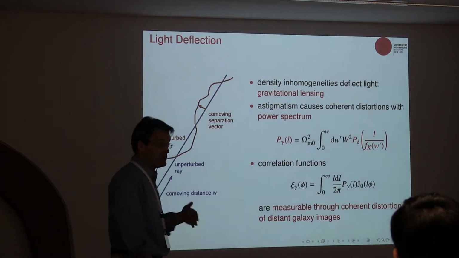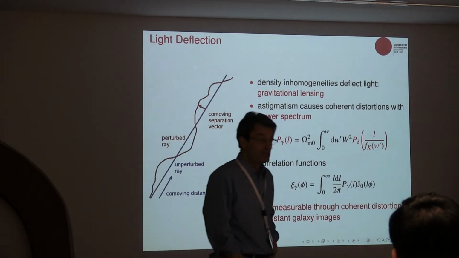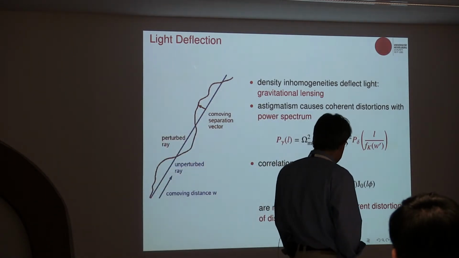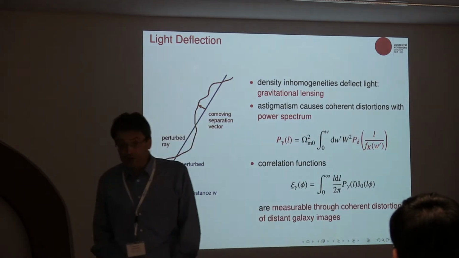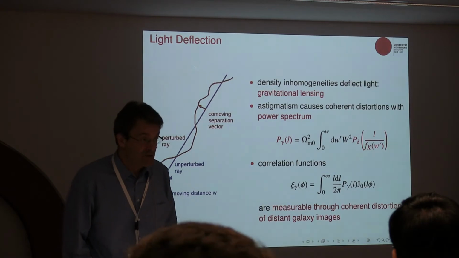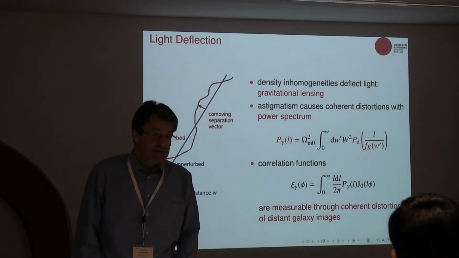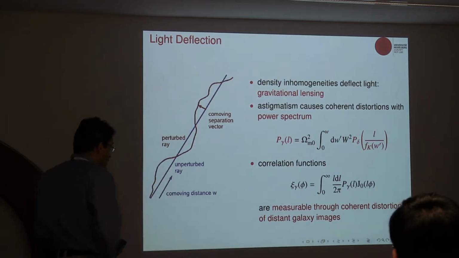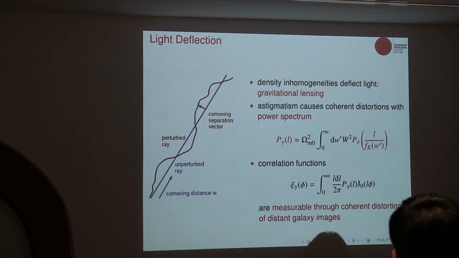Well, because that's the lowest order astigmatic distortion you can think of. There are higher order distortions, but we can't measure them. So in other words, gravitational lensing of the intervening universe imprints an ellipticity pattern on the background galaxies. And since the cosmic structures that give rise to this lensing effect are correlated themselves, the ellipticities will be correlated.